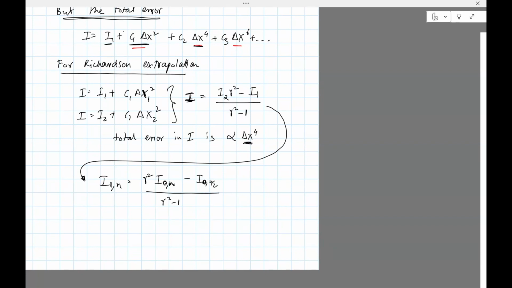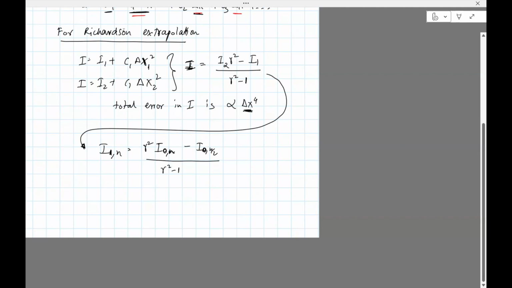You use step size n divided by 2, and that gave you something at iteration 1, right? So we use this trick to get an improved approximation, which is accurate to delta x raised to 4.